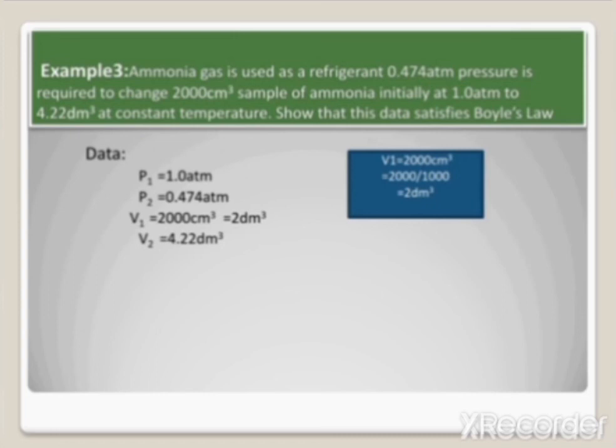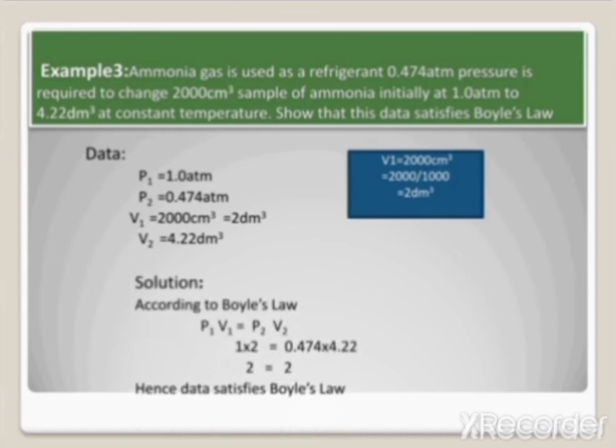To get the same units, we are going to convert 2000 cubic centimeter into cubic decimeter. Therefore, we will divide 2000 by 1000 and we will get the answer 2 cubic decimeter. Now, according to Boyle's law, P1V1 is equal to P2V2.